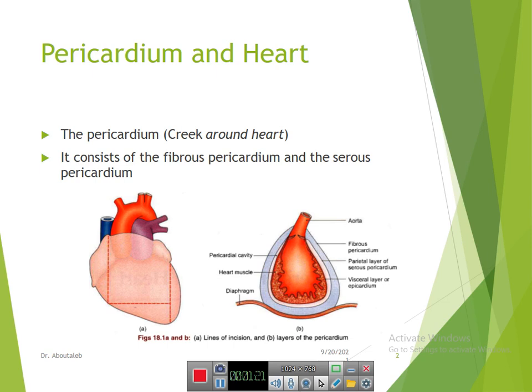Meditation, for example yoga and exercise, help in regulating the heartbeat through the brain. So, the pericardium, in Greek called around heart, is a fibrous sac which includes the heart and the roots of the great vessels.